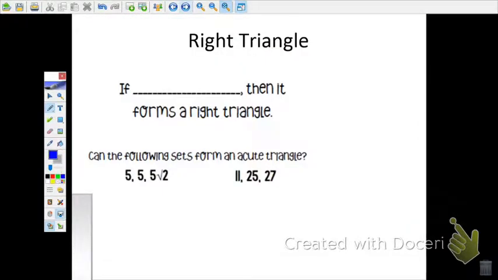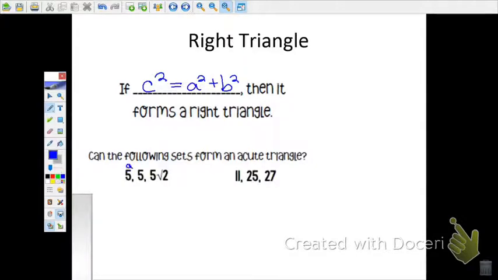So again, when we're looking at this to be able to decide if it's right, acute, or obtuse, we want to get in that habit of c squared being on the left. Okay. So if we just always put c squared on the left, then it's going to help us out.